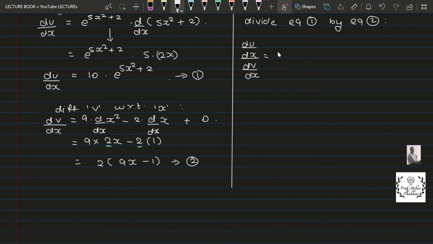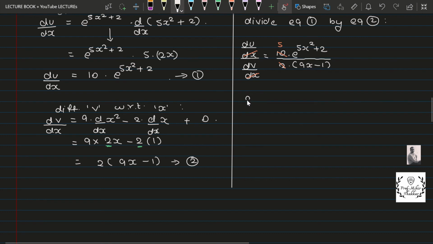So guys, what do we get on the right hand side? Numerator is 10 into e raised to 5x square plus 2 divided by 2 into bracket 9x minus 1. Now let's cancel off whatever terms that gets cancelled. This becomes 5.